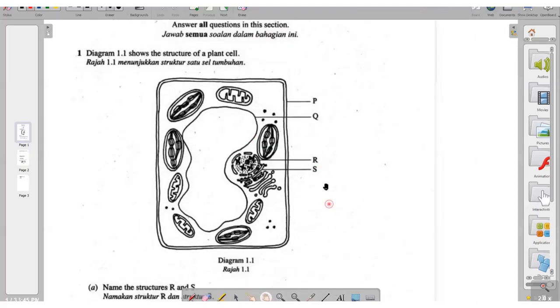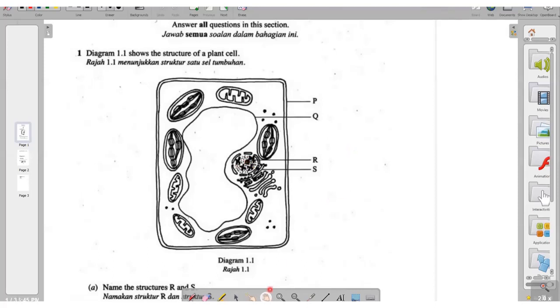You can easily identify P is the cell wall, Q is the vacuole. If you look at S, it is pointing to, I think, RER, rough endoplasmic reticulum. This R here is pointing to the nucleus, but inside the nucleus there are a lot of black, random lines. That is supposed to be the chromosome.